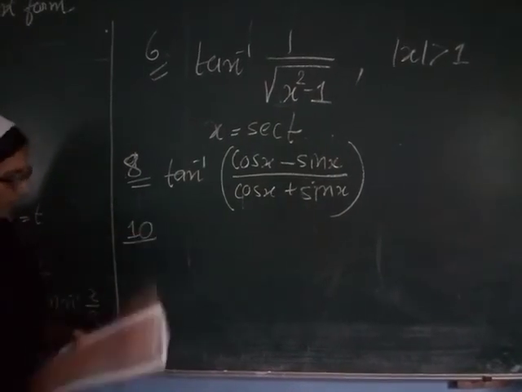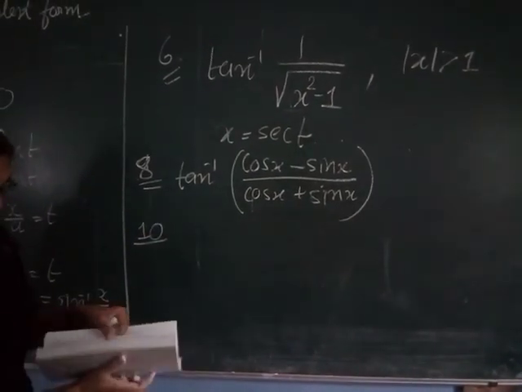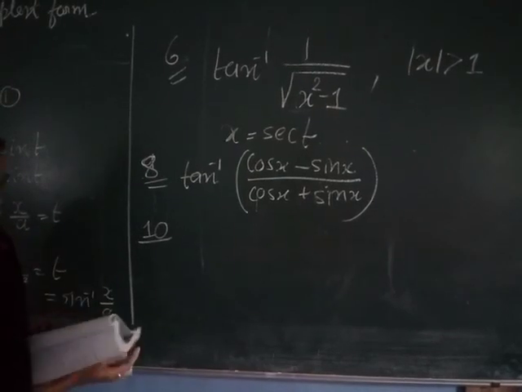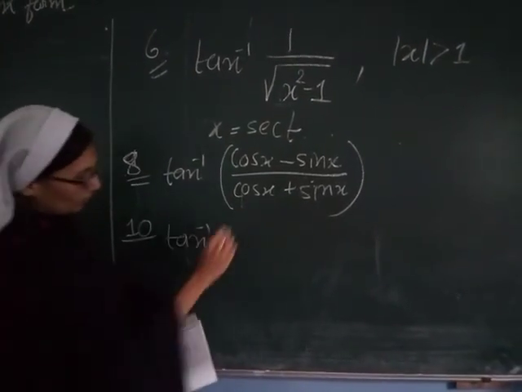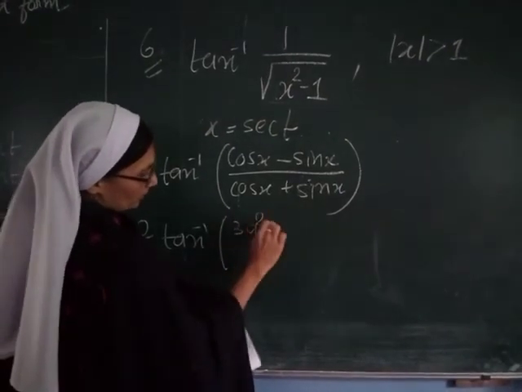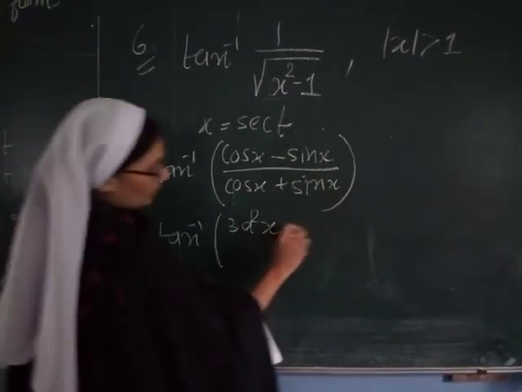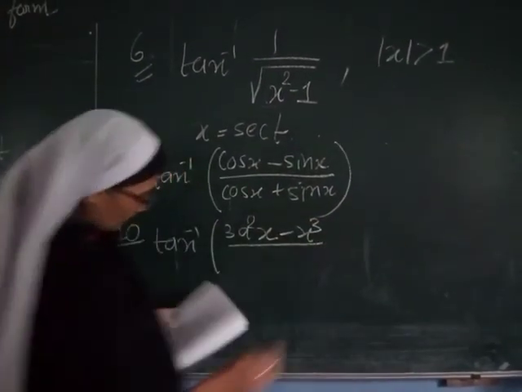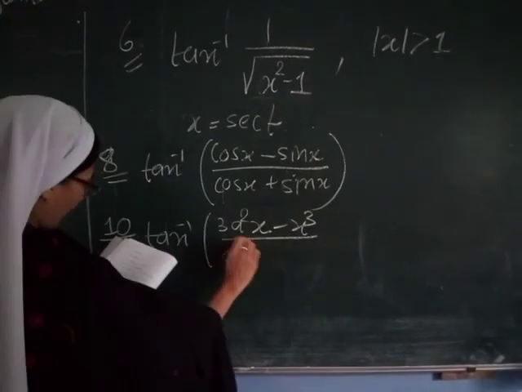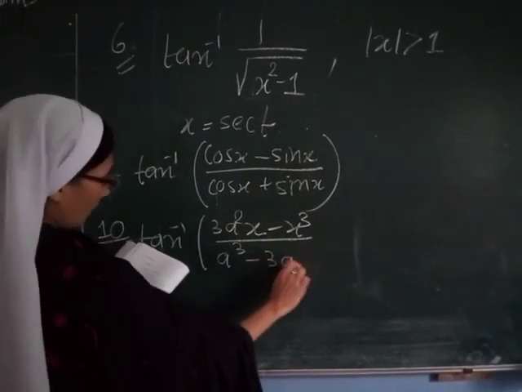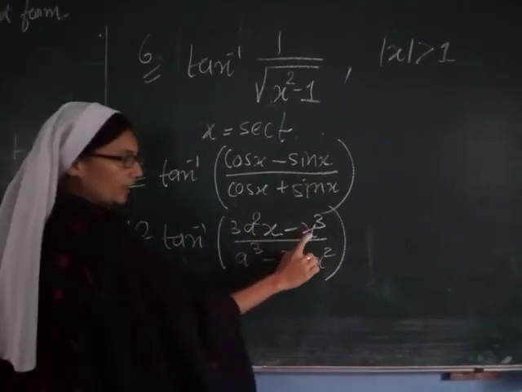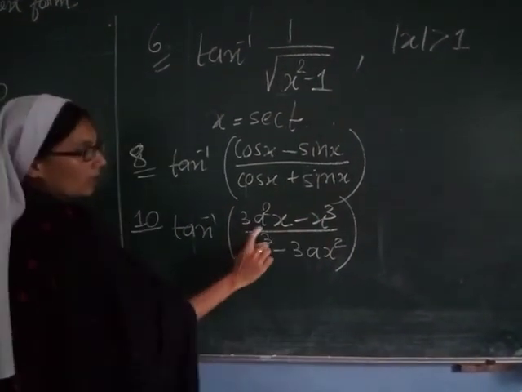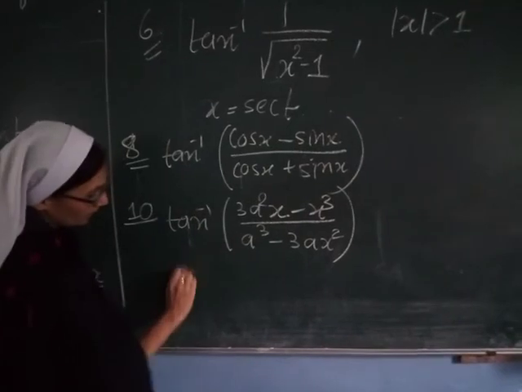Then question number 10 is tan inverse, this formula I have given you: 3 a square x minus x cube divided by a cube minus 3 a x square. Here what you do is you divide each term by a cube.